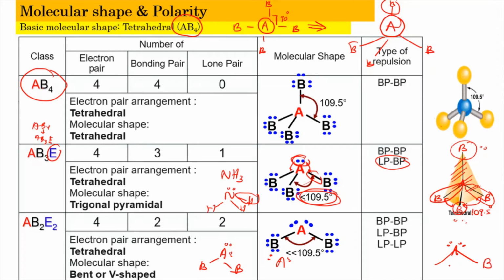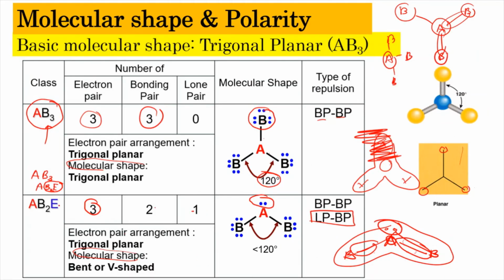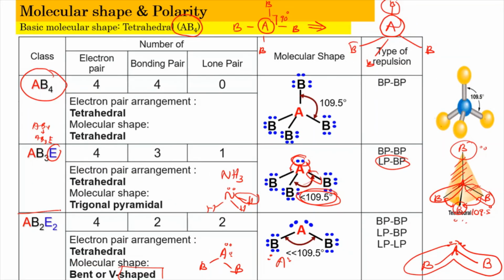So essentially, you're going to get a new shape, which is bent or V shape, almost similar to what you have learned in the previous slide, which is AB2E. Here is AB2E2, which shares the same name, but it has 2 bonding pairs and 2 lone pairs, which is under the class of AB4.